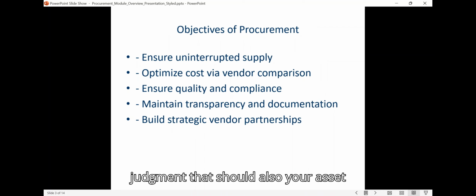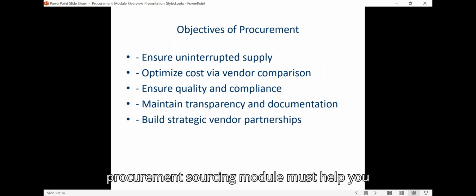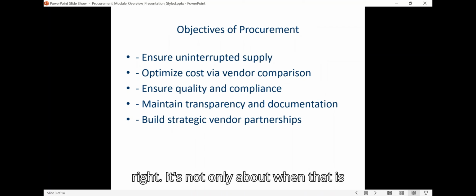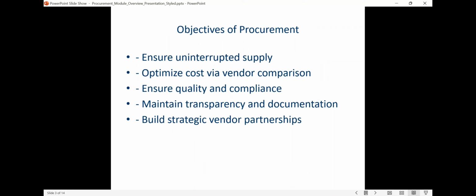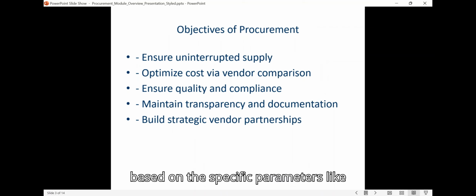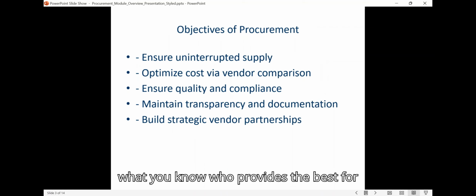Your procurement and sourcing module must help you with that, right? It's not only about when something is required, how much is required, and at what cost. It is also the ability to provide a comparison across different vendors, based on specific parameters, on who provides the best for you.